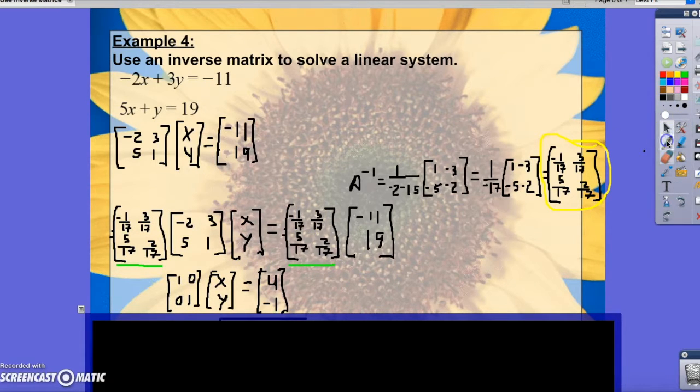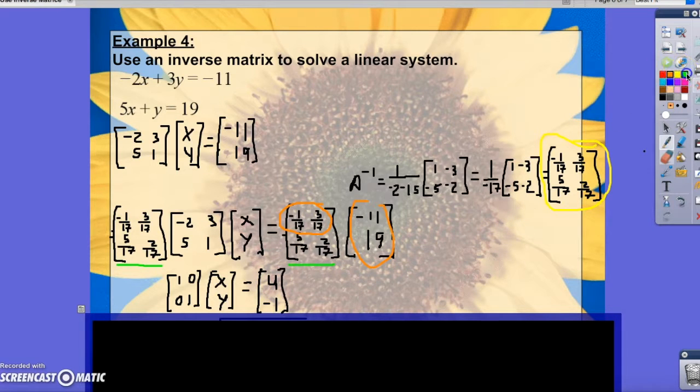Now, just so you know how we multiply, I do get 4, negative 1, which is probably surprising that it's simplified so nice. But I do this row times the single column. So I get, what, 11/17, and then we multiply these together, plus these two, which will give me 4 in the end.